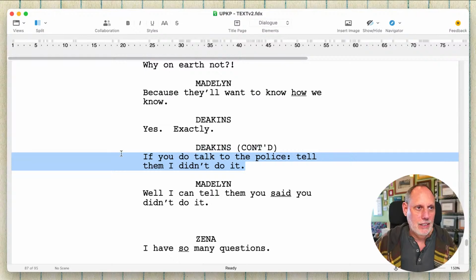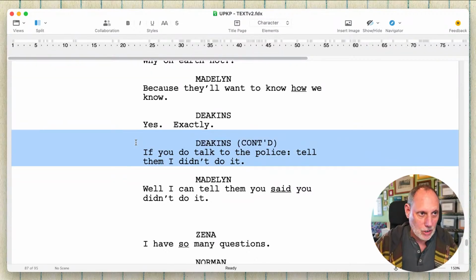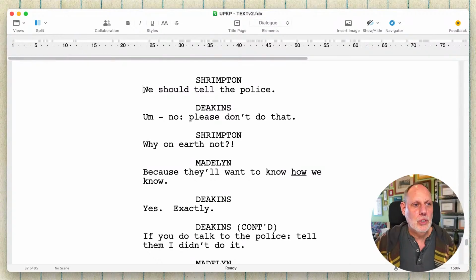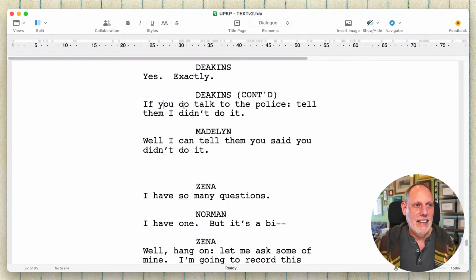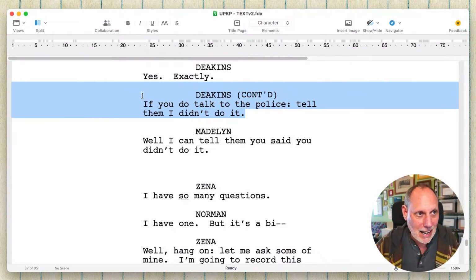See, this is a contradiction. Like I have here, Shrimpton says, we should tell the police. Deakins says, no, don't. And then he says, if you do tell them, tell them I didn't. That's just a waste of a line because he's saying the exact opposite.